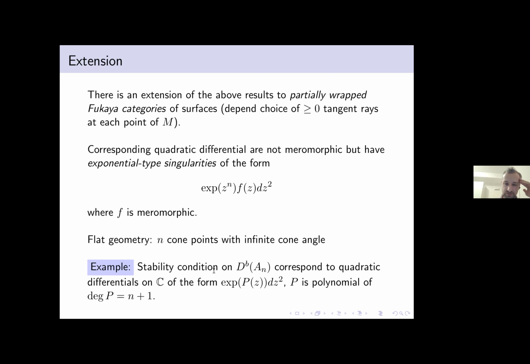And quadratic differentials, which correspond to stability conditions, are of this form: exp of some polynomial of degree n+1 times dz squared. In this whole project this was actually in reverse order: first understanding this example and then all its generalizations. Okay.